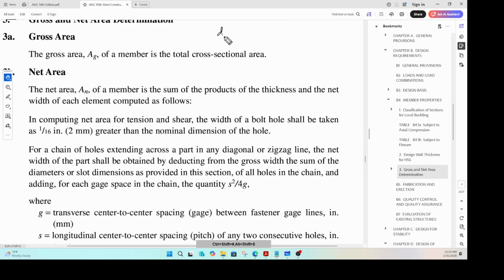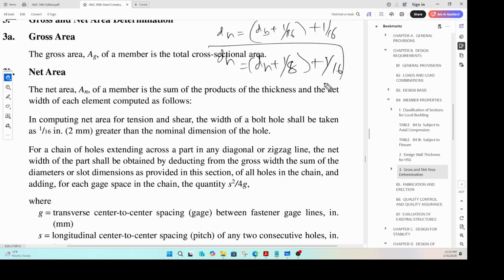So in short, DH is equal to D bolt plus 1 by 16 plus another 1/16, or DH is equal to D bolt plus 1 by 8 plus 1 by 16. This case is when your diameter of the bolt is greater than or equal to 1 inch. The other is for a case where your diameter of the bolt is less than 1 inch.